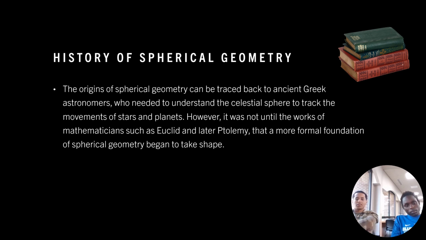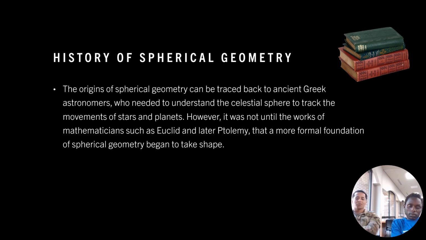Now I'm going to get into the history of spherical geometry. So dealing with history, the origins of spherical geometry can be traced all the way back to ancient Greece. They needed to understand a sphere to track the movements of stars and planets.